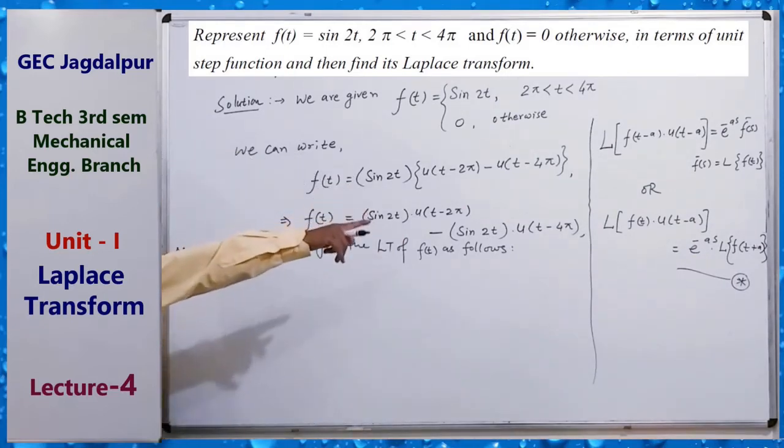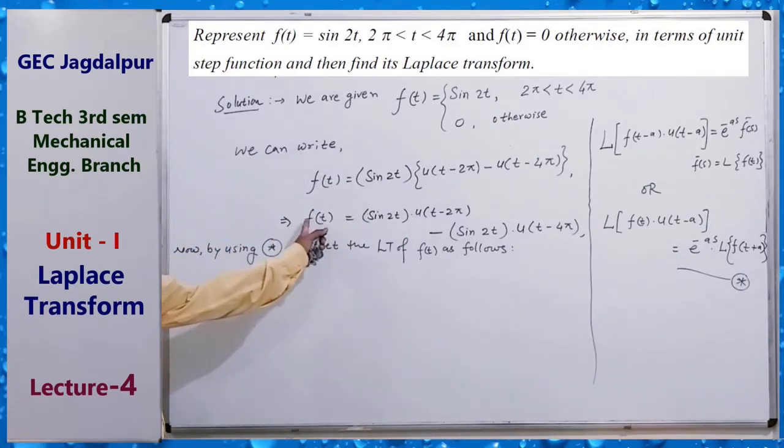By using that star, we get the Laplace transform of f(t) as follows. By using that, we have to find the Laplace transform of f(t).